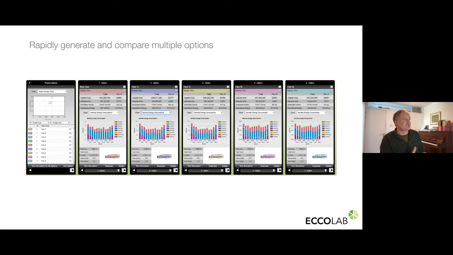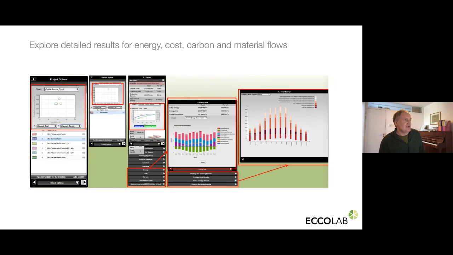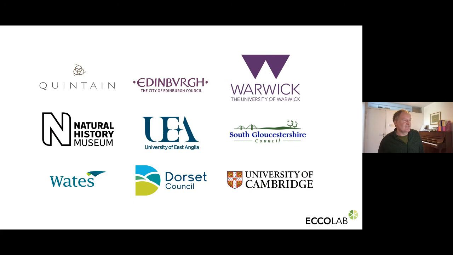And within the tool, you can look at a whole range of options, simulate them using, so the energy model is EnergyPlus, there's a carbon model that's an embodied carbon, which is again looking at stages A through to C, including use, and there's also a cost engine as well. And you can go in and interrogate your results of individual options or compare them within the tool, and you can see the scatter graph on the left.